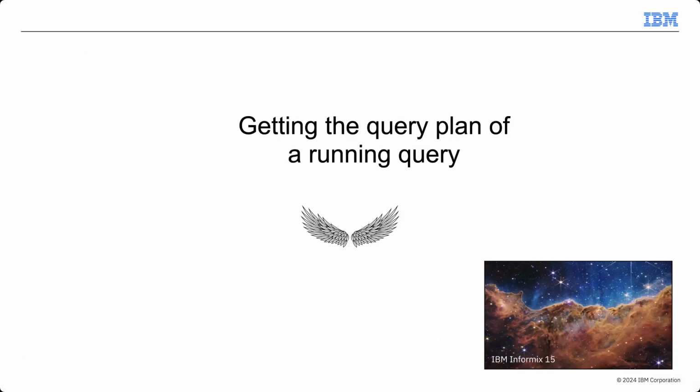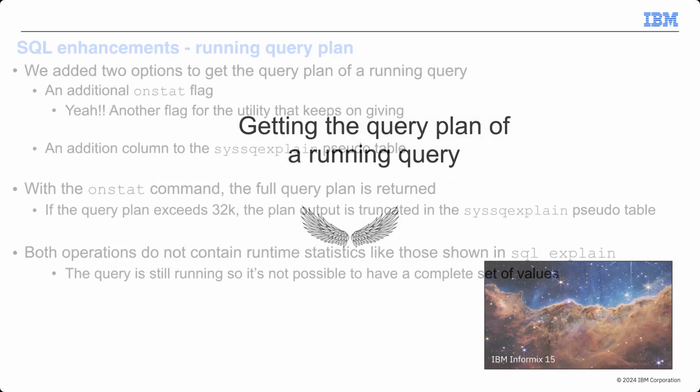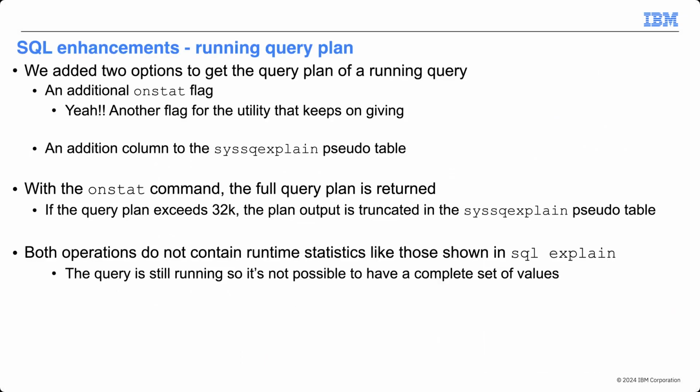So one of the other things we're doing is giving you the ability to get the query plan of a running query. Before this, you had to either do a set explain on, avoid execute, and try and get the query plan, or wait until the query was over in a session and then try and interrogate after the fact.